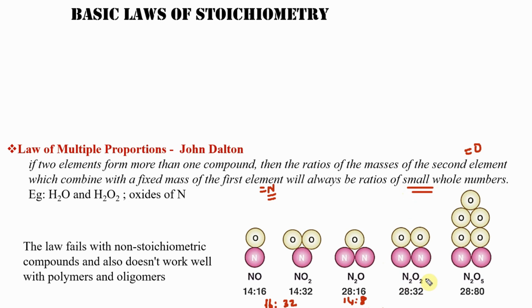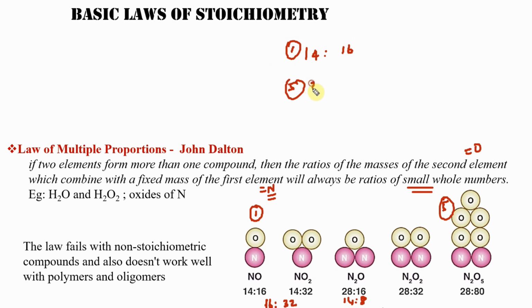Okay, this is simple. Now let's go to something a little different. N2O5. I'm going to compare my first one and fifth one. What do you have? The fixed mass of the first element. So 14 of nitrogen combines with 16 of oxygen in the first case.